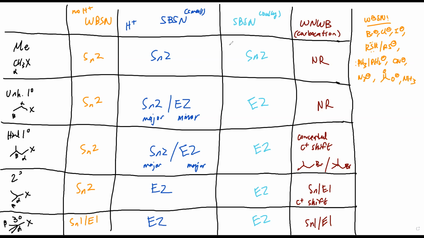If we're thinking about strongly basic ones doing these reactions, these are your OH minuses, your OR minuses, your NH2 minus, your NRH minus. I'll put C minus here, but this is an exception, so don't use it very often.